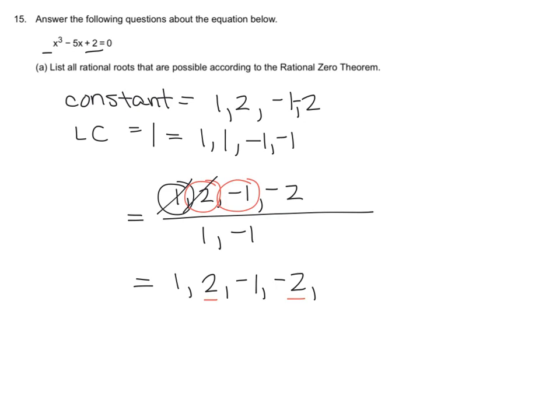And then negative 1 divided by negative 1 is a positive 1, and that's already listed as well. Now I have the negative 2. So negative 2 divided by 1 is a negative 2, and that's listed. And then negative 2 divided by negative 1 is positive 2, and that's also listed. So my only possible rational solutions are 1, 2, negative 1, and negative 2.